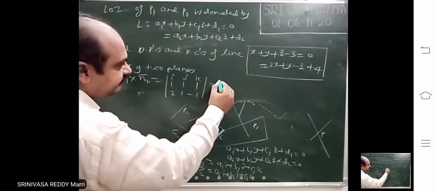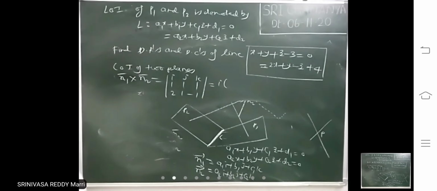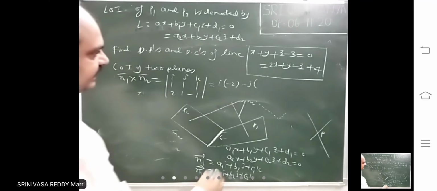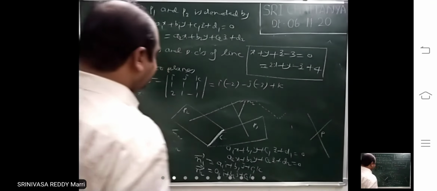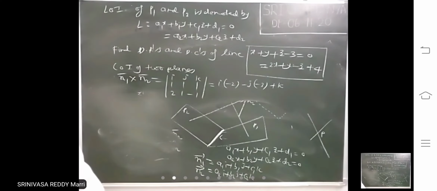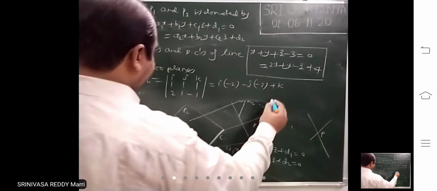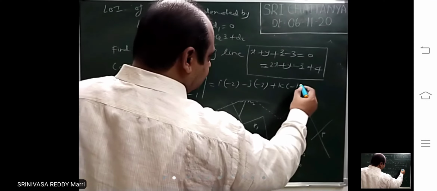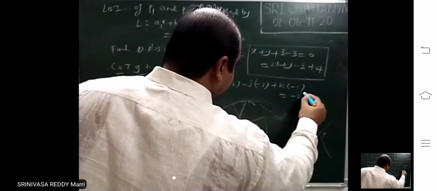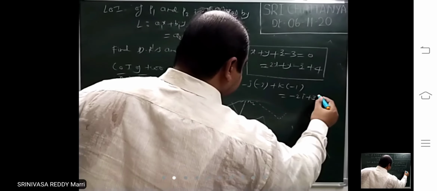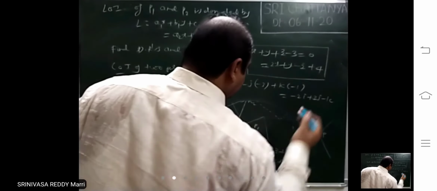Expanding: i into minus 1 minus 1, so minus 2; minus j into minus 1 minus 2, so minus 3; plus k into 1 minus 2, minus 1. That means you will get the vector minus 2i plus 3j minus k.